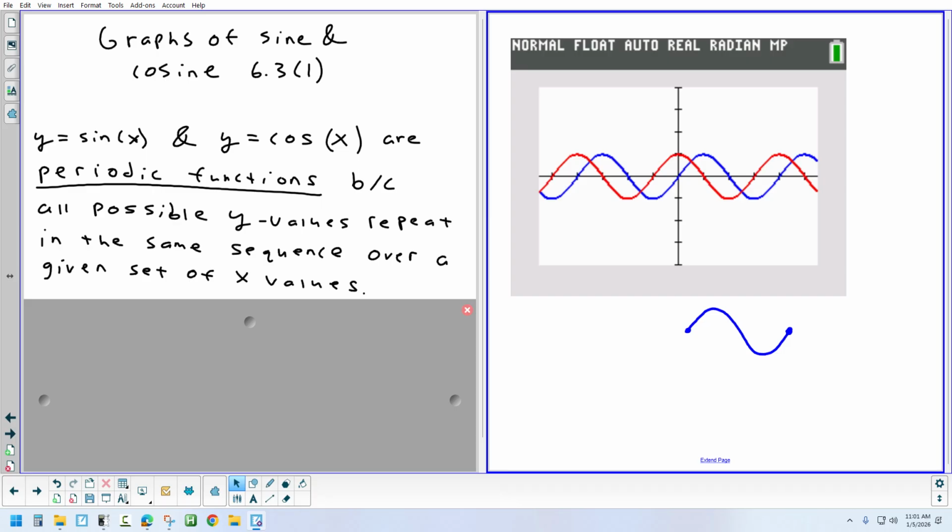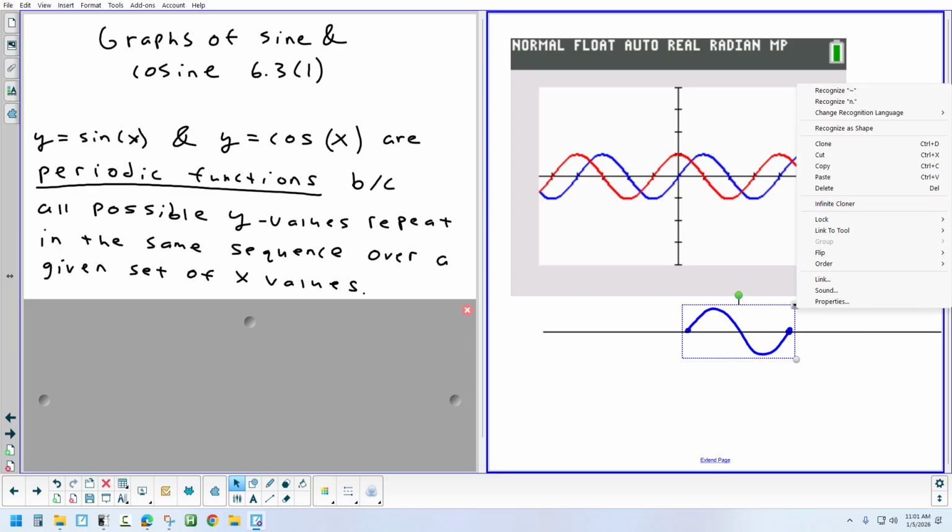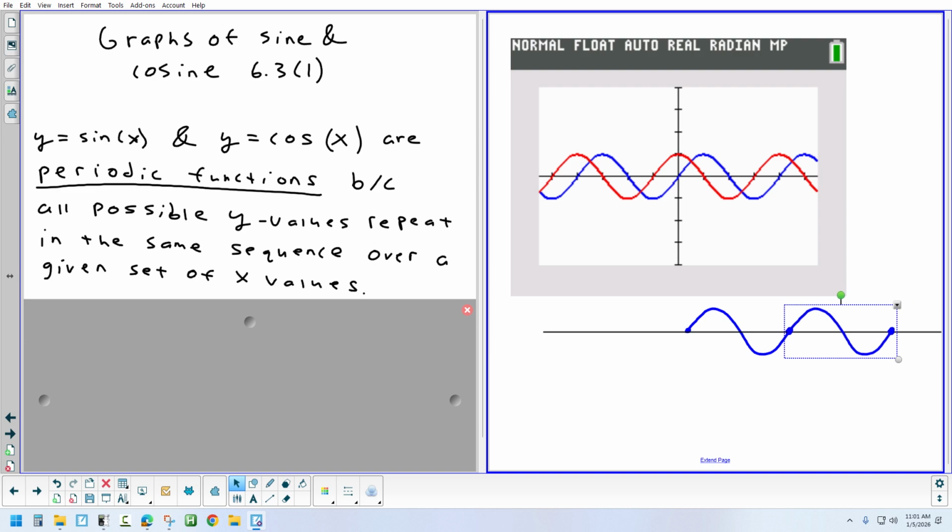That's called one cycle of the graph. It's not really called a section, it's a cycle. Once you draw one cycle, you could copy and paste it as many times as you need to, and that would be the second cycle. If I put another one, that would be the third cycle. It's that one cycle repeated over and over.